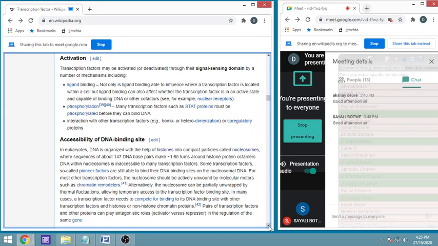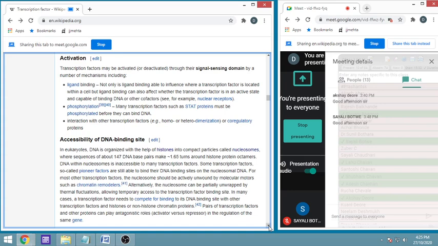Similarly, here the transcription factor can be activated or deactivated through their cell signaling domain by a number of mechanisms. One is ligand binding, that is some ligand will bind to it, and examples of these are nuclear receptors, NF kappa B, etc. Then it can be phosphorylated, that is, many transcription factors like STAT proteins must be phosphorylated before they can bind to DNA.